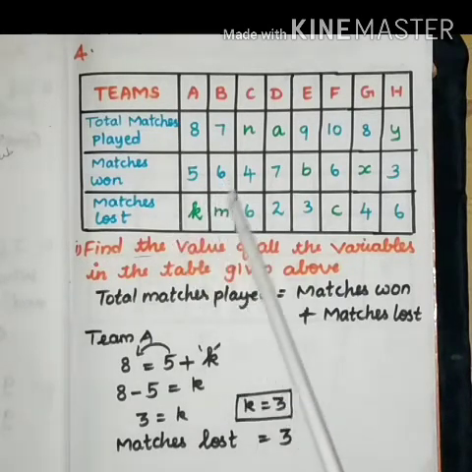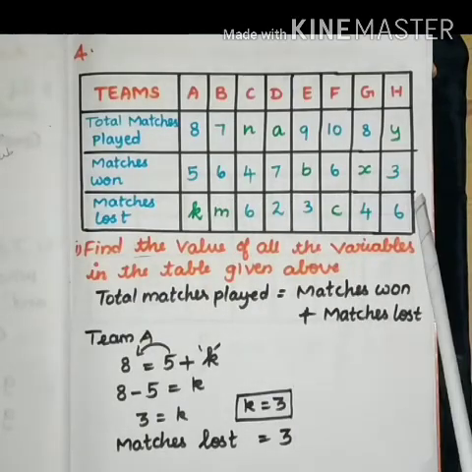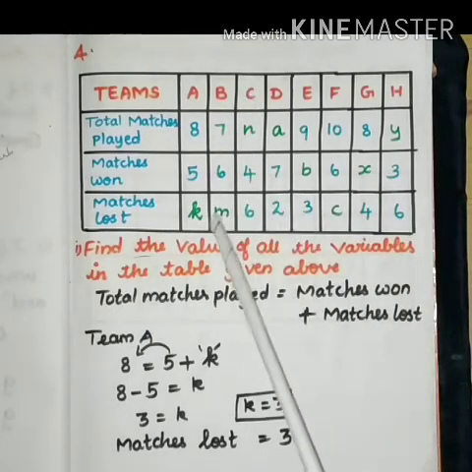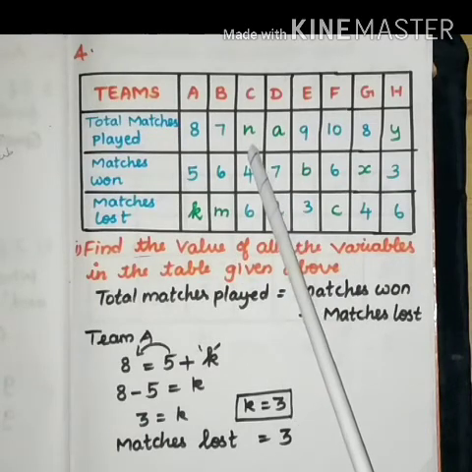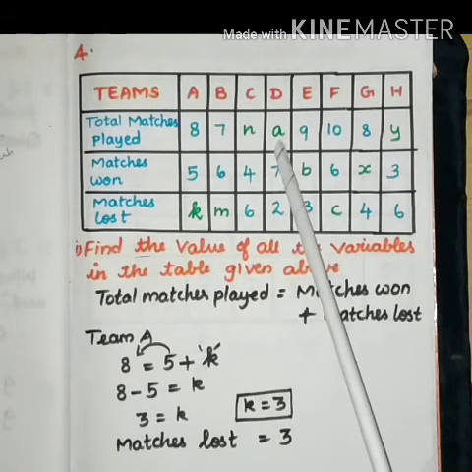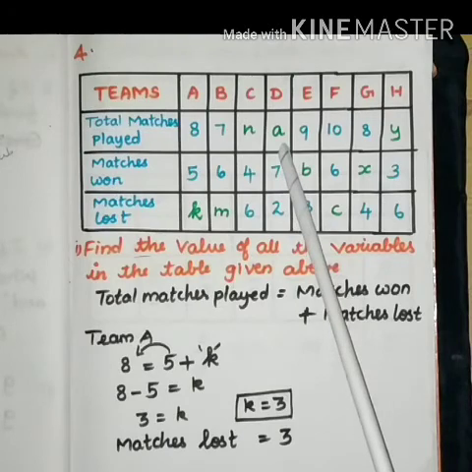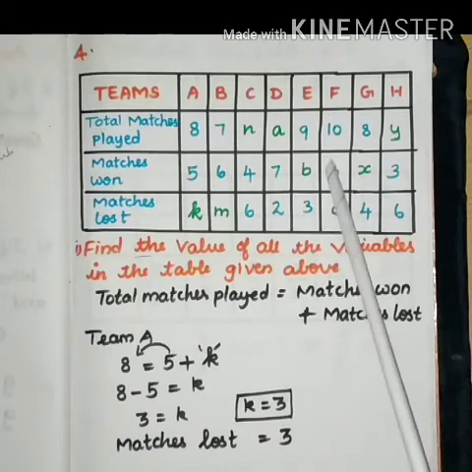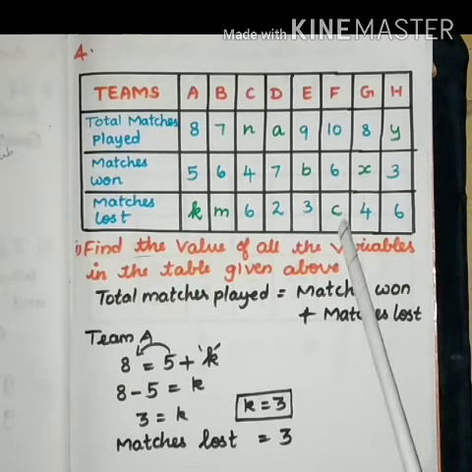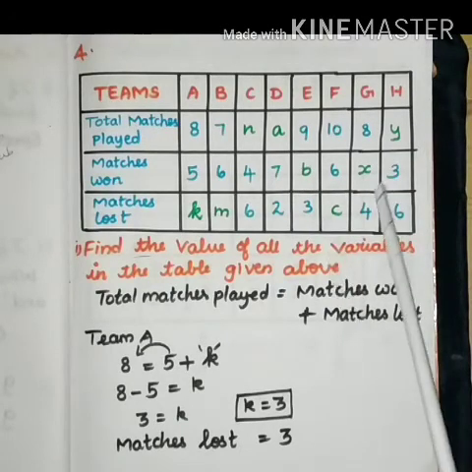Like this, in each team some unknown values are there. See, in B team, matches lost is not given. In C team, total matches played is not given. In D also, total matches played is not given. In E team, matches won is not given. In F team, matches lost is not given.